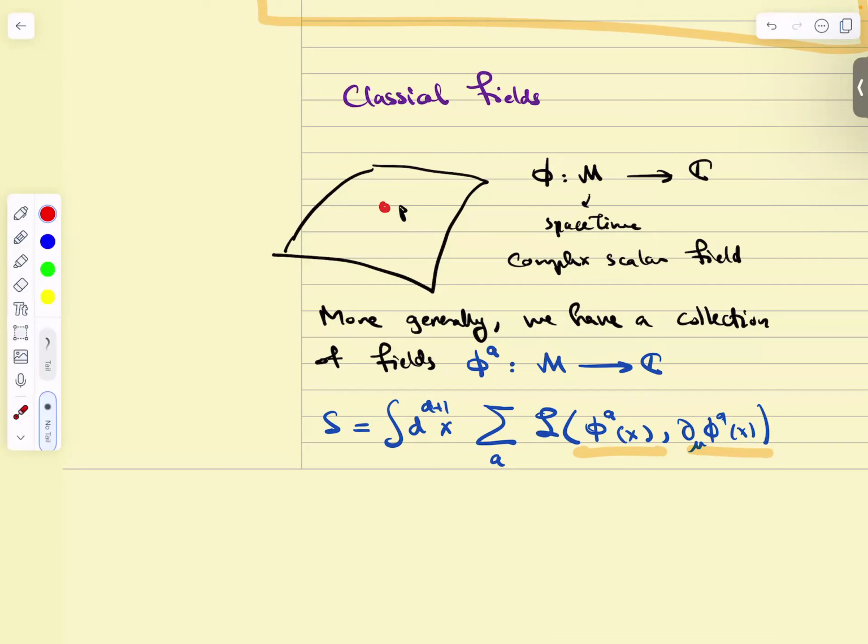Oh, yeah. I'm assuming that there are no interactions for now. This is just schematic, right? None of it would rely on that. For now, I define the field as a map from the space-time manifold to complex numbers.